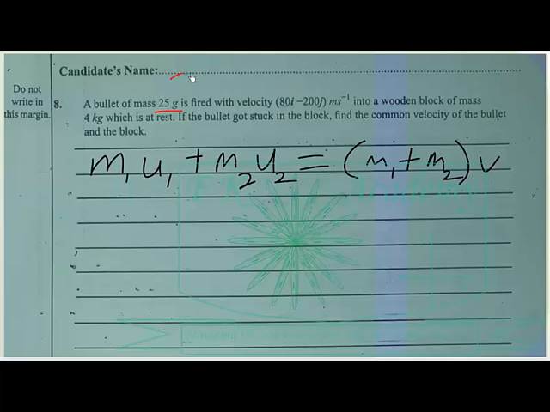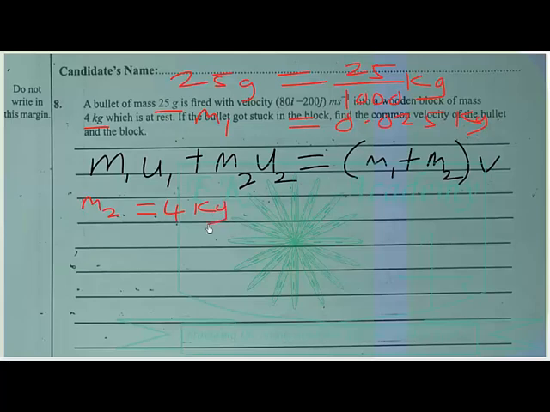So 25 grams will be converted into kilograms. That will give us 25 over 1000 kg, and that is equal to 0.025 kg. So we can call this our m1. And our m2 will be equal to 4 kg.